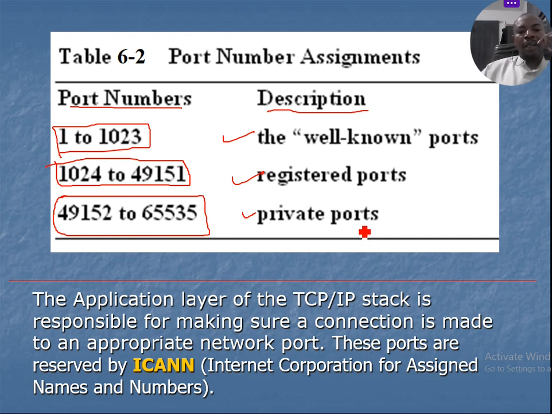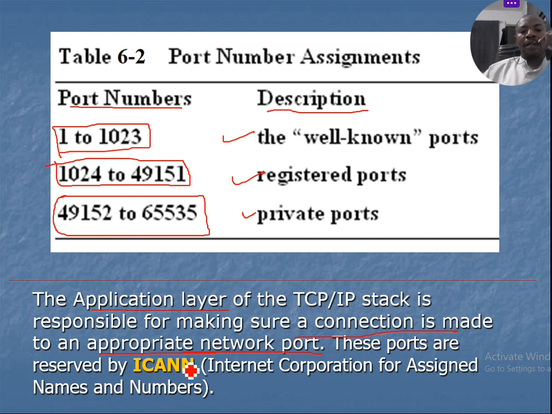Now let's take a look at the application layer of the TCP/IP stack. It's responsible for making sure that a connection is made to the appropriate network port. Remember, the application layer links the protocol to the hardware, so it ensures there is a connection between the protocol and the network ports.